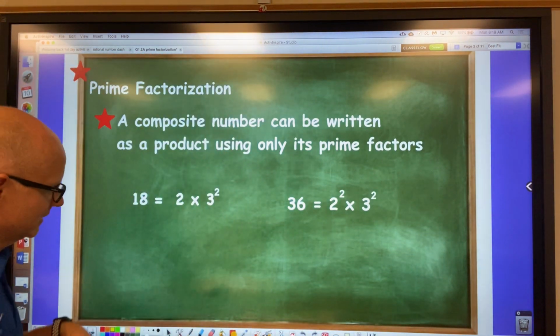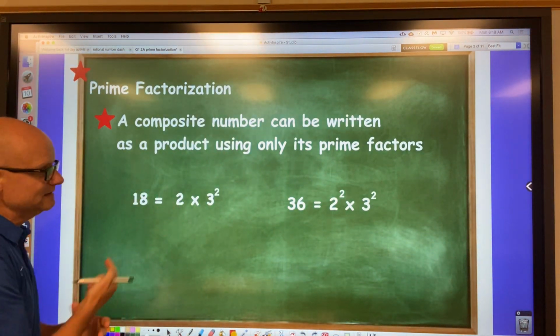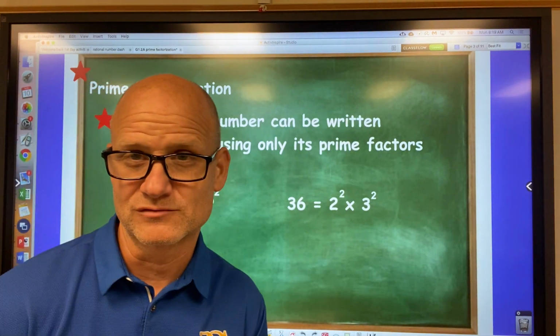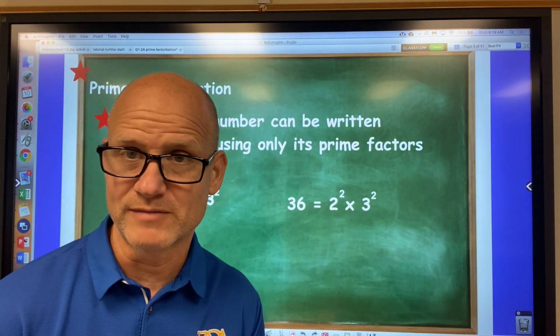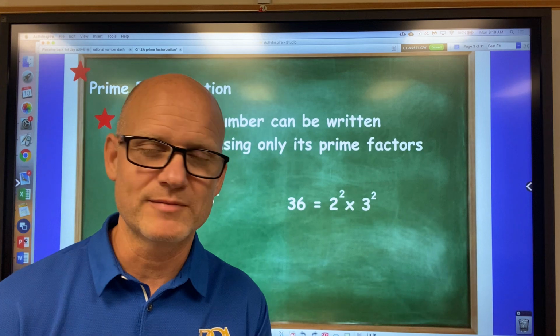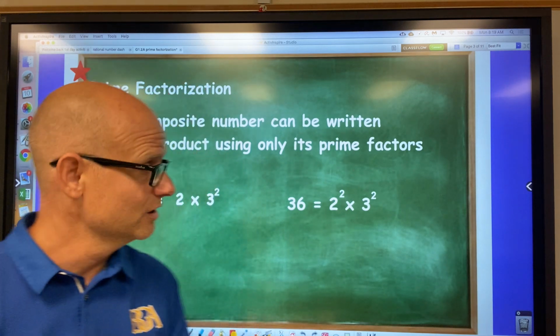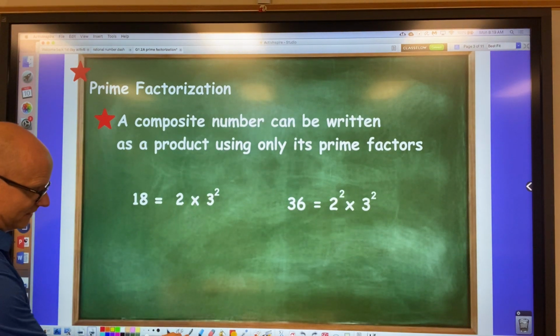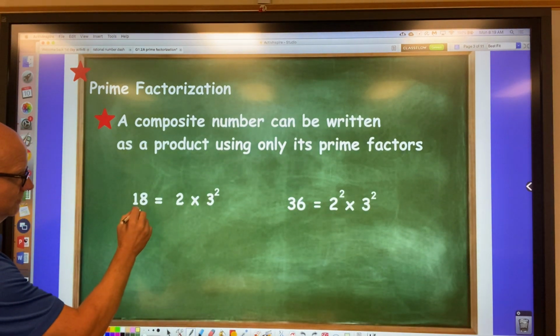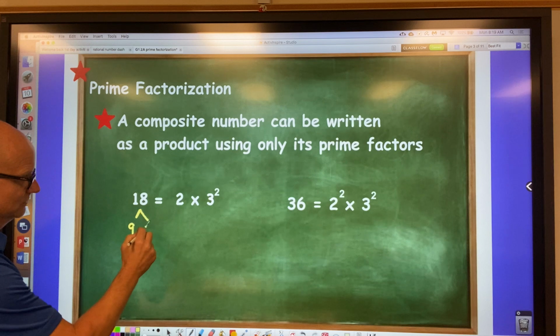So for example, if you look at 18, if you would write it as a prime factorization, it would be 2 times 3 to the 2nd power. And remember, 3 to the 2nd power just means 3 times 3. So how did I get this? Well, if I prime factorize it, or do the Christmas tree, I could say like 9 times 2.